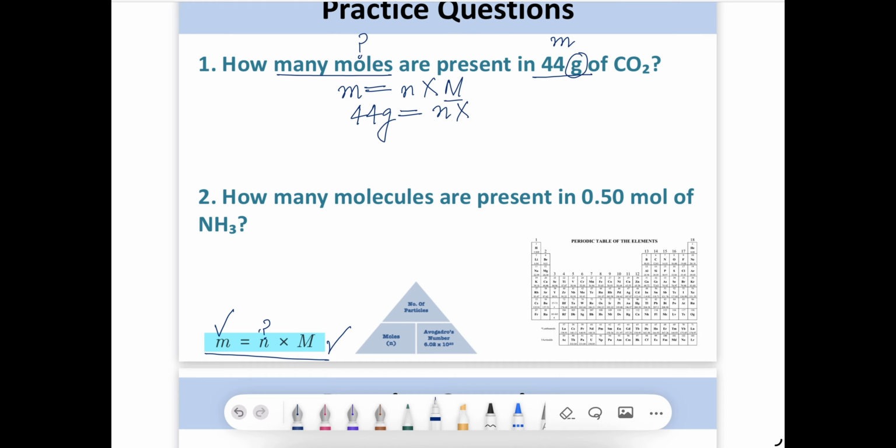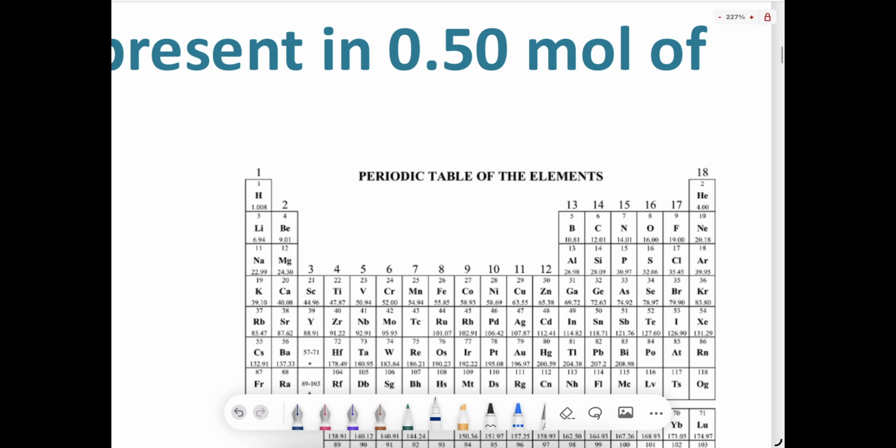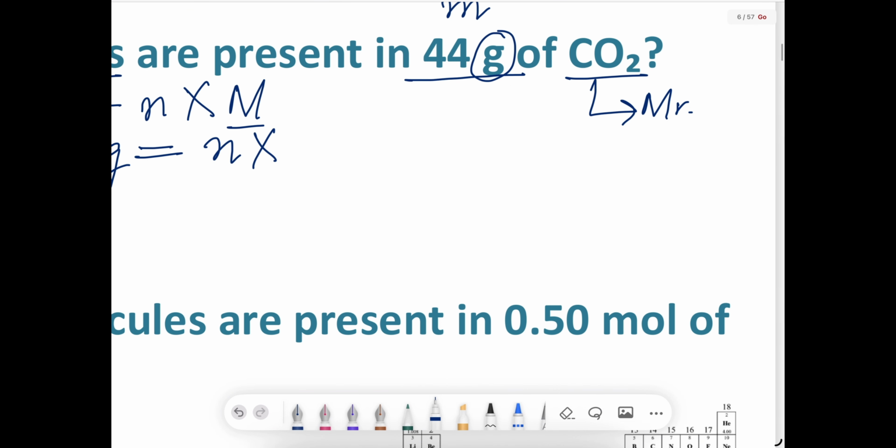How do we calculate the molar mass? So for CO2 we have to calculate molar mass. Over here you have carbon. You have to consider the mass of carbon, which is 12.01, and oxygen as 16. So plug in the value. So you have 1 times carbon plus 2 times oxygen. So 1 times 12.01 plus 2 times 16.